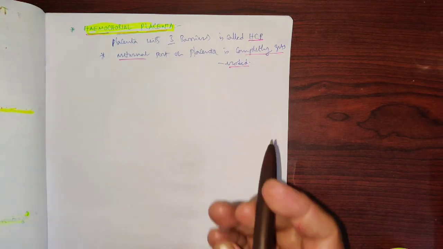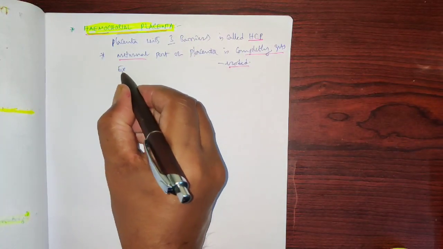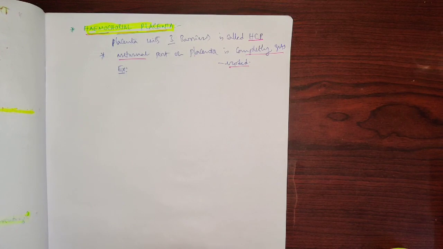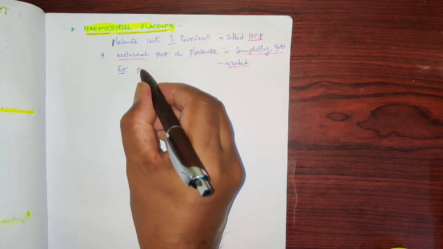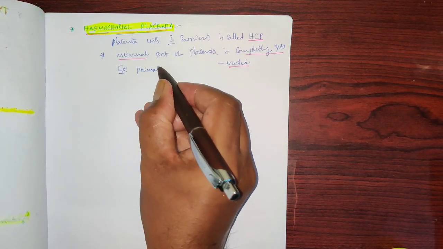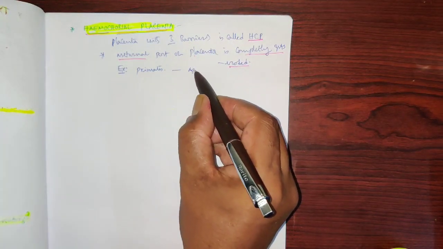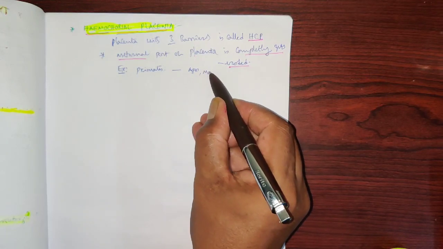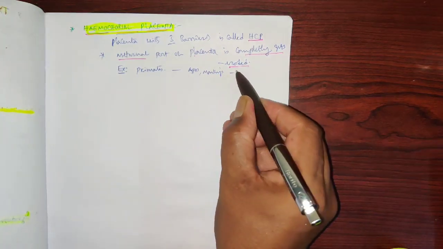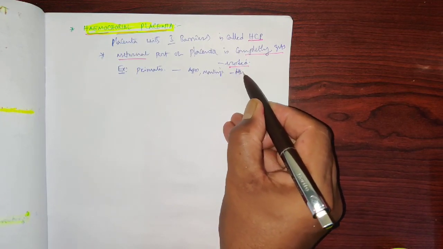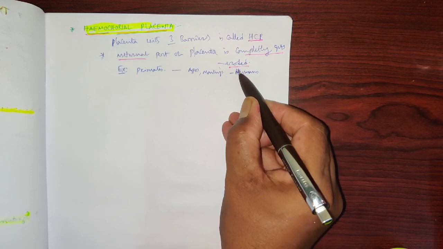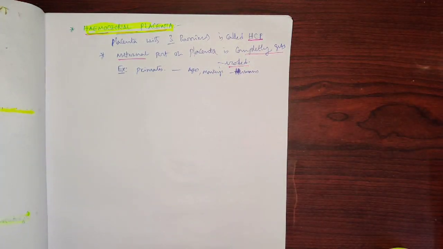This type of placenta is seen in primates. As you all know, examples of primates: apes, monkeys, man, or humans. So let's see the diagrammatic representation.